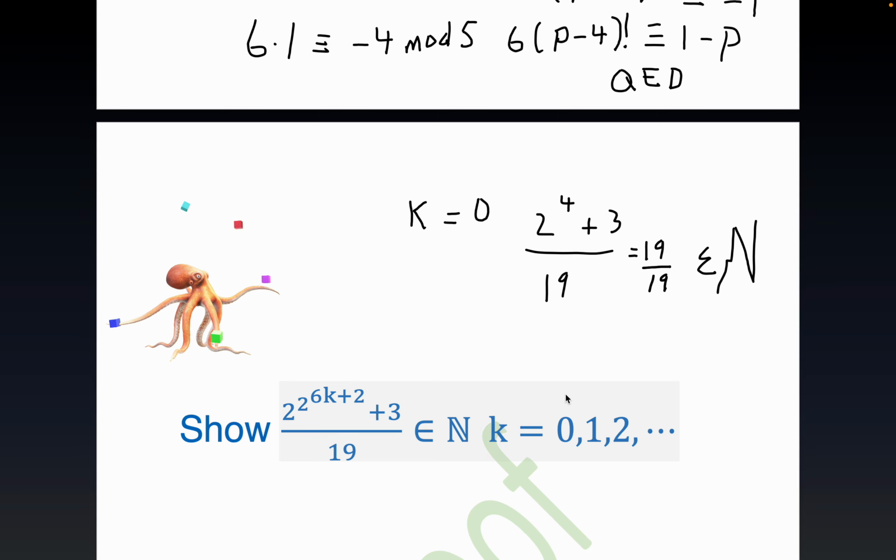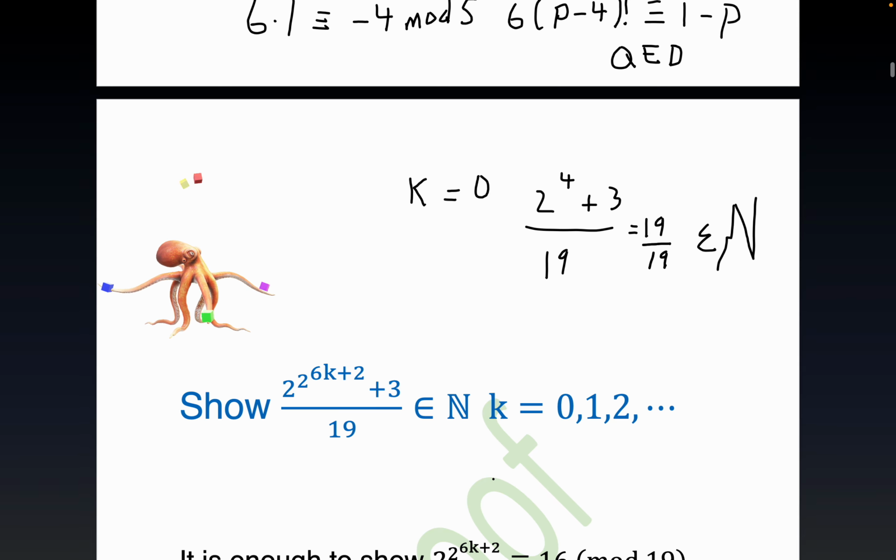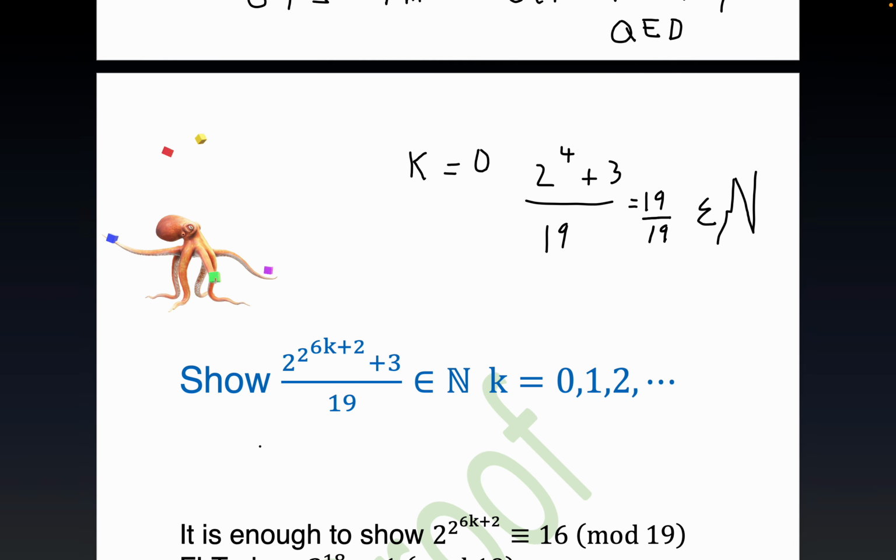So now, let's take a look at another way to write this. I prefer to write this in modular arithmetic format. Another way to state this would be to say that 2 to the 2 to the 6k plus 2, where 6k plus 2 is the exponent of that highest 2 in this tower of powers, is congruent to 0 mod 19.